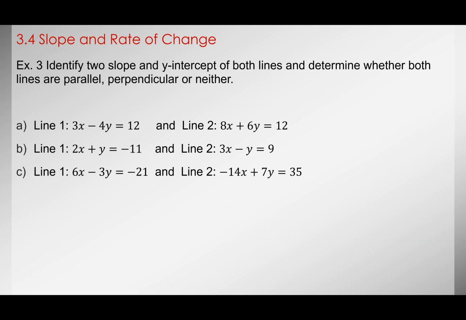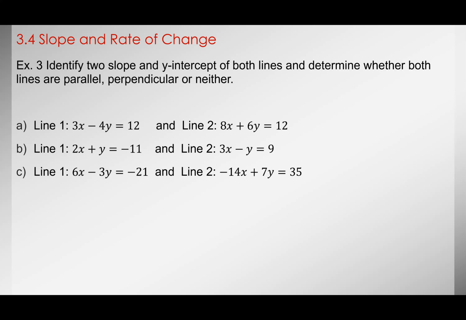So see if you can copy this down in your notebook, and then we will go over these 3 items. They ask you to verify for A: if you have 3x minus 4y equal to 12, is that perpendicular to 8x plus 6y equal to 12?